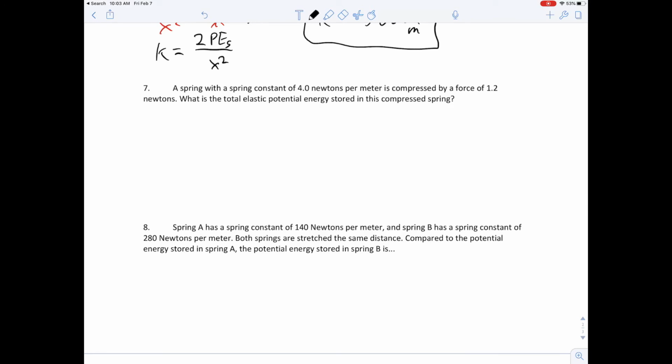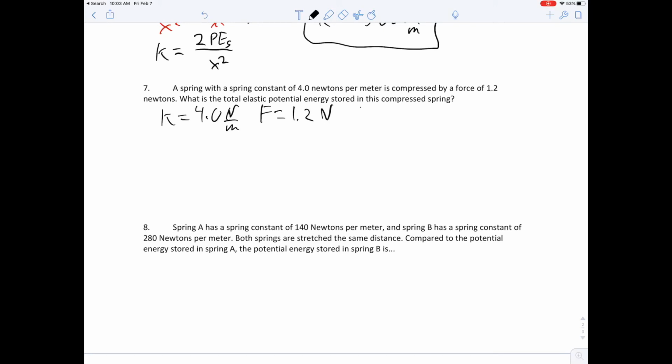Okay, almost there. A spring with a constant of 4.0 newtons per meter is compressed by a force of 1.2 newtons. What is the total elastic potential energy of this compressed spring? So let's see, K equals 4.0 newtons per meter.